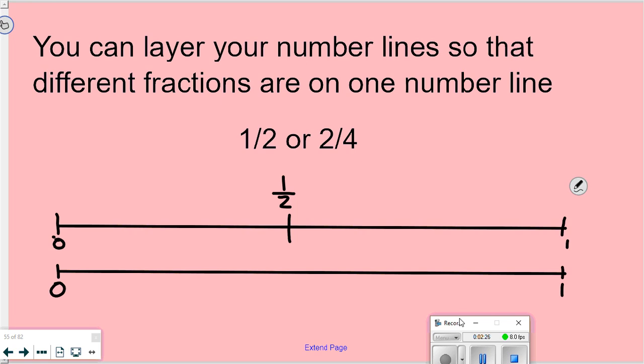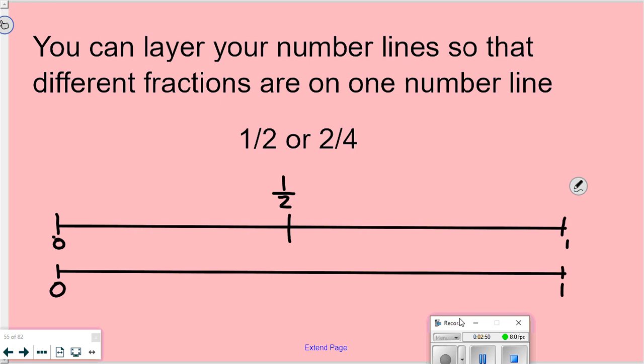My second number line, I'm going to be partitioning. Partitioning just means cutting up. Partitioning into fourths. How many pieces do I need if I'm counting by fourths? I count spaces, not lines.